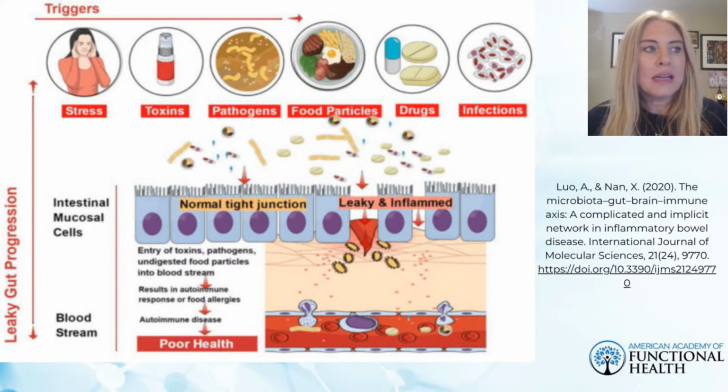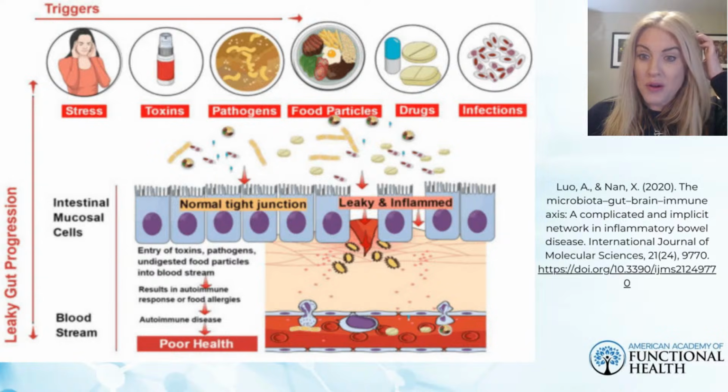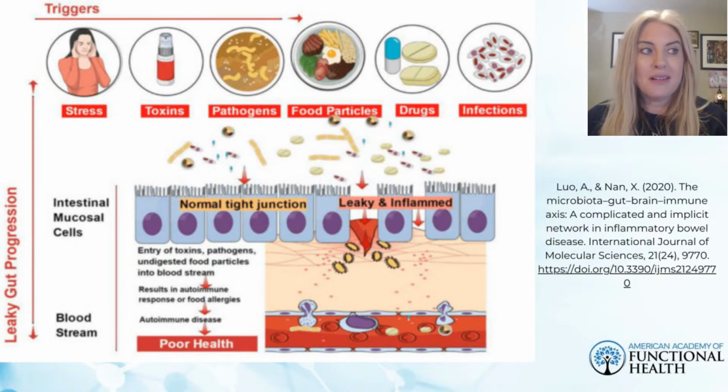I always highlight that we have these external factors that are always playing a role in the health of the lining of our gut. We have stress, right? Stress can raise certain hormones and cause problems that will disrupt gut mucosa. Different toxins that you take in, anything from alcohol is a toxin.